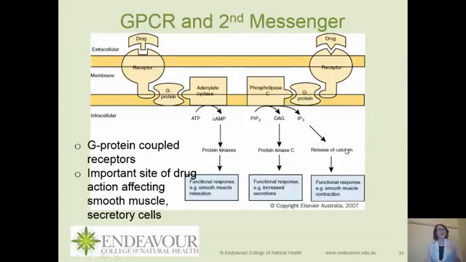Now, it's not always an enzyme that's activated, as you can see with some of these other metabolites of diacylglycerol. That might lead to release of calcium stores in that cell, and it might be the calcium stores that then lead to a smooth muscle change. And here, generally, if it wasn't via kinases, if it was via release of calcium, as you would know from your studies in physiology, that would lead to a smooth muscle contraction.